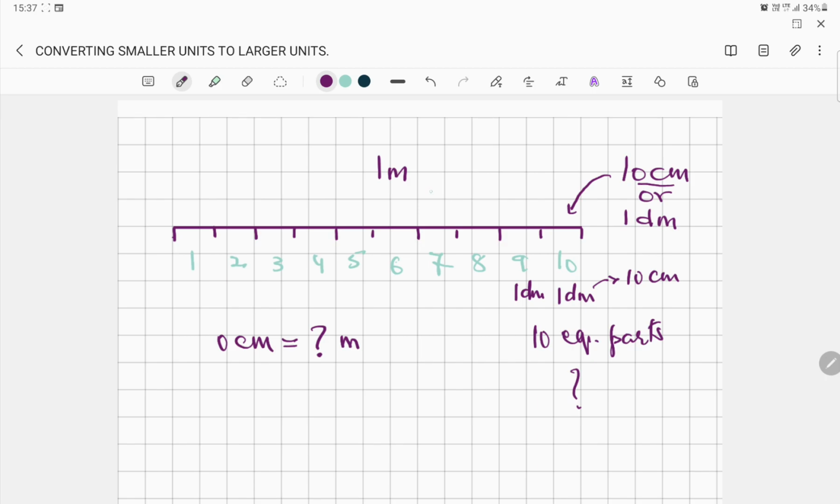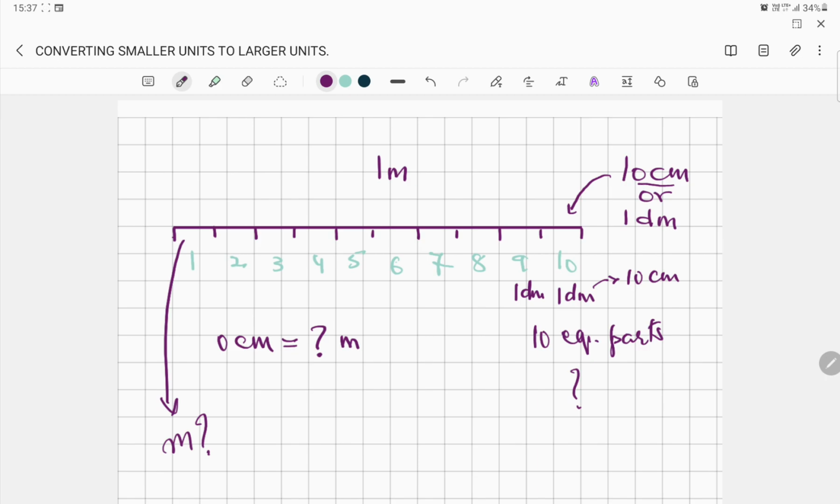So far so good, because we are describing the smaller part in a smaller unit of length. But if I ask you what is the length of this small section here, or maybe this small section here, or any of these 10 sections, what if I ask you how long is each of these 10 parts in meters?